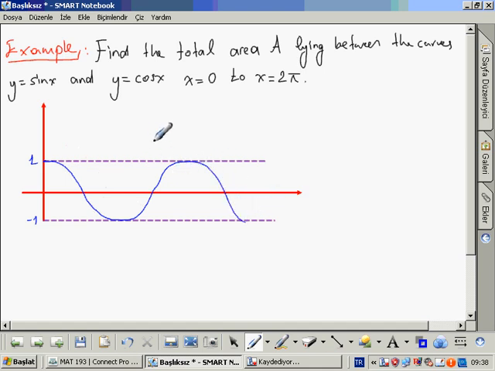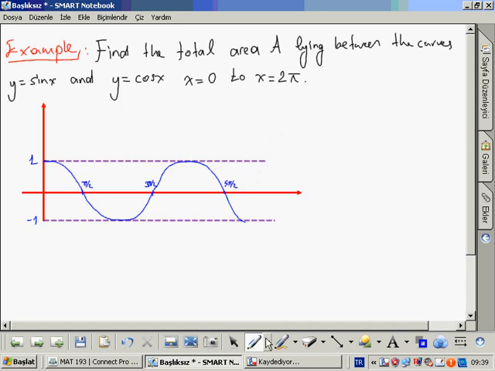We know that this value is pi over 2, this is 3 pi over 2, and this is 5 pi over 2.